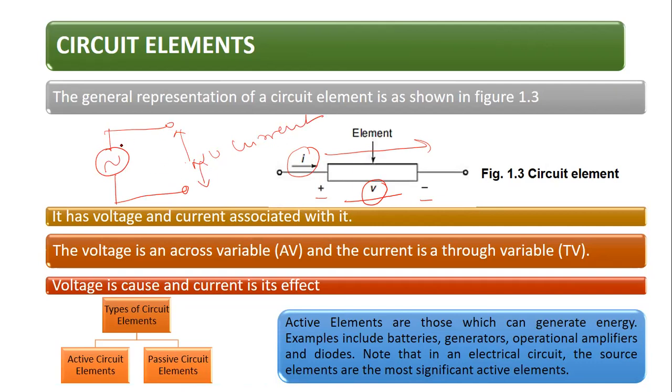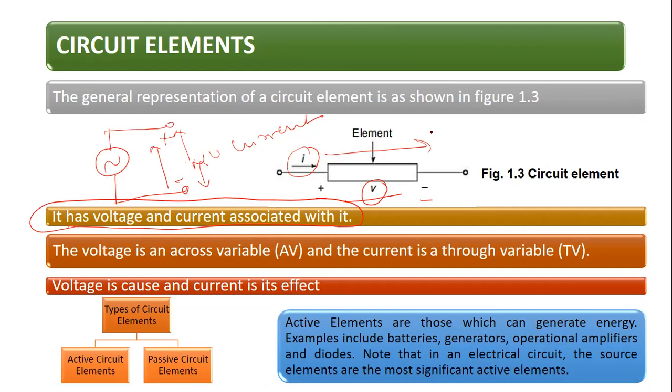But you will have a voltage across these two terminals, because voltage always appears across the element or component, and current always flows through the element or component. This is how you represent current and voltage as far as a component is concerned.